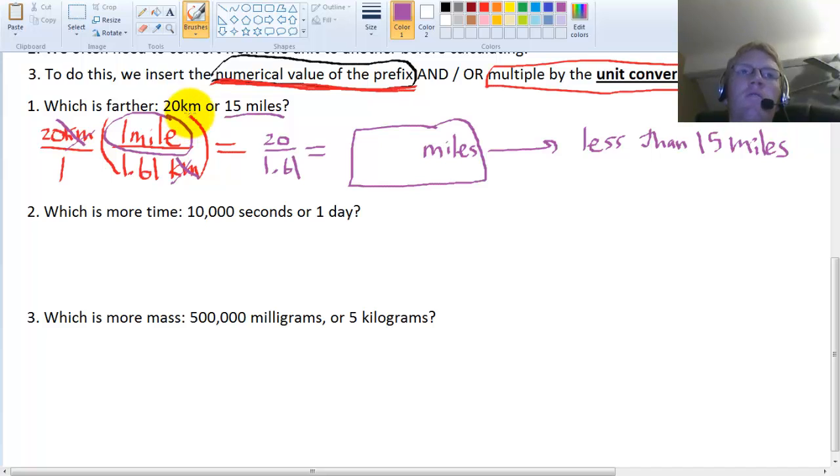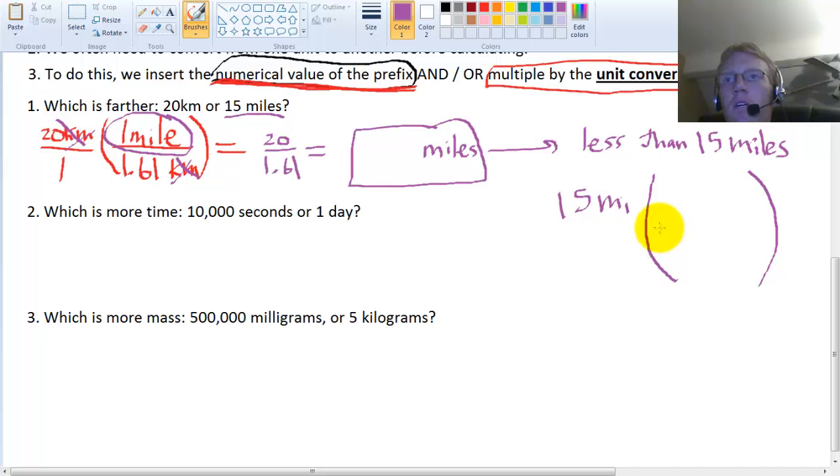Now, you have another option. Instead of converting kilometers into miles, you could have converted miles into kilometers. Okay, so how would you do that? You could start with 15 miles, and you could multiply that by a conversion factor. But now, because you already started with miles and you want to get kilometers, you're going to flip this thing upside down.